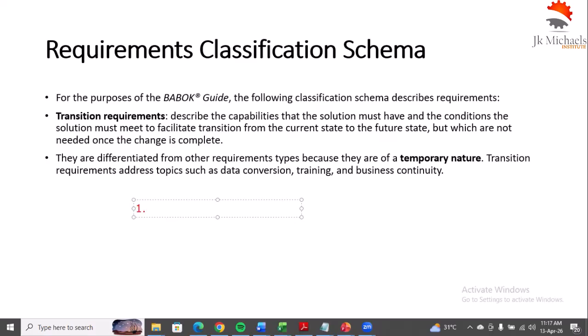There are two things in transition requirements, which is the last type of requirement. We have number one, they're required for transition from the current state to the future state.